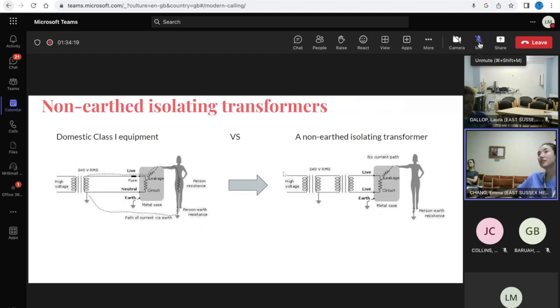Whereas for a lot of medical devices, we have this non-earth isolating transformer, and you can see the difference between these two. So if you touch something, no current would run through because of this insulated bit, or it's isolated from the mains. And so this is safer because there's no return pathway through the patient.